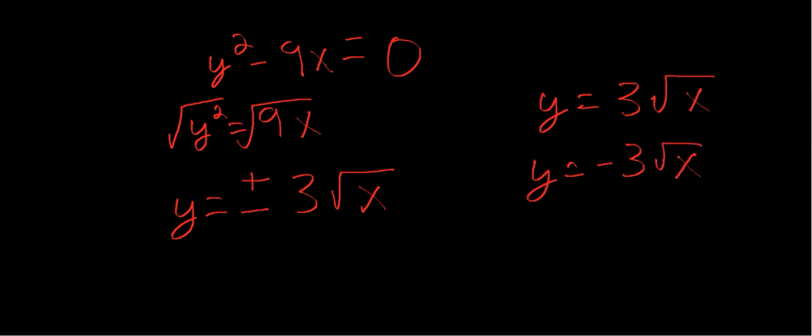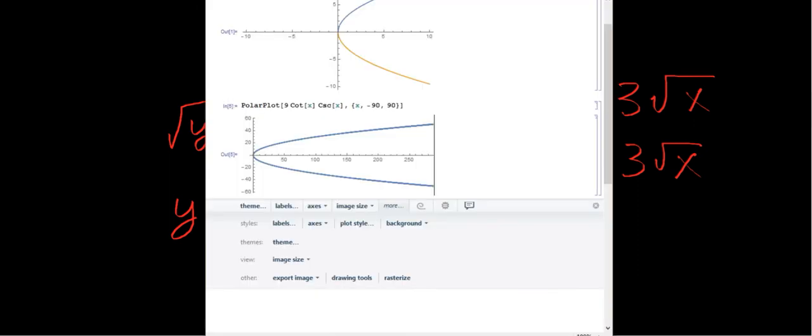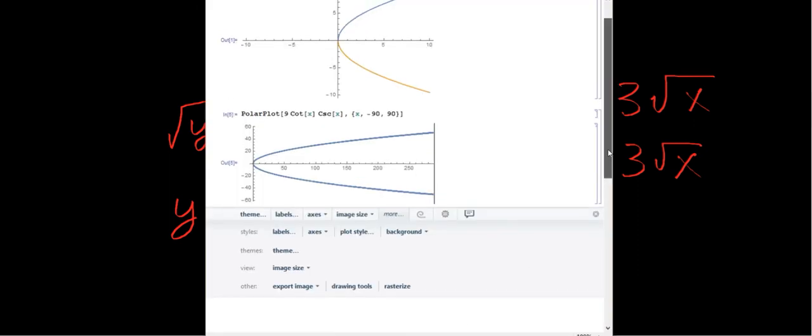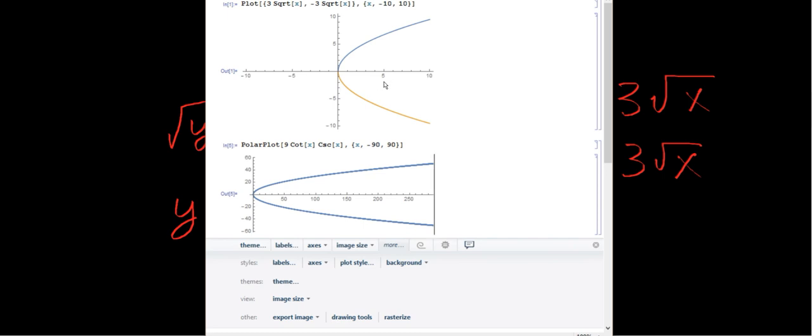If you don't know this already, plug it in, see what it looks like, and what you'll get is a parabola. This is the positive square root of x, and this is the negative square root of x, and this is Mathematica that I'm using to show you this.